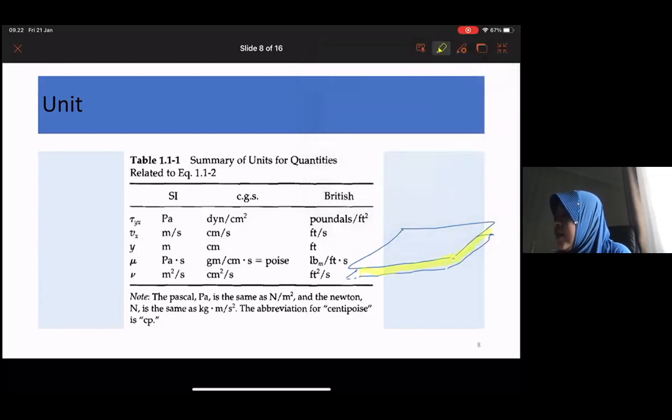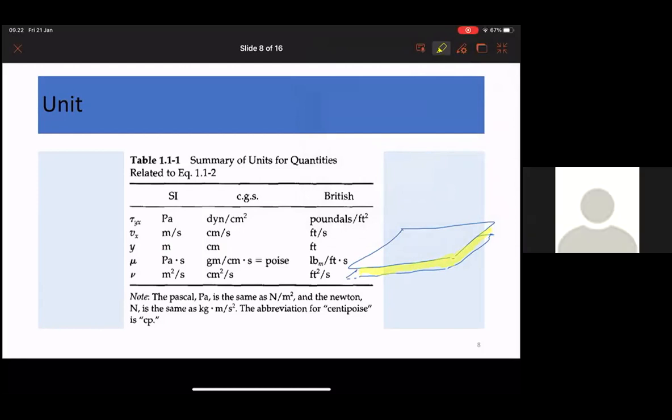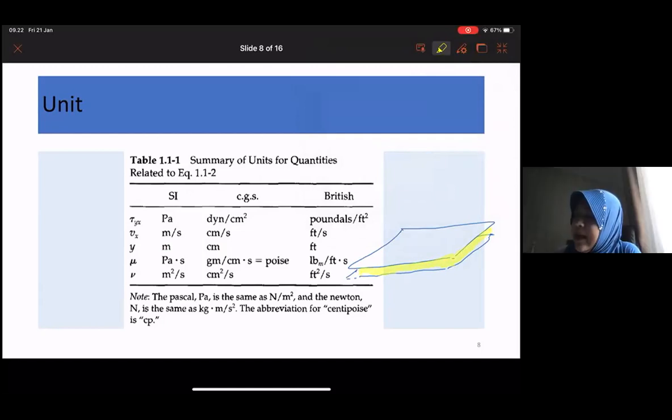So the fluid fills the area between the two plates. It's like a wafer, you know, with cream between the layers. Yeah, like that. And then one of the plates we drag to the side.